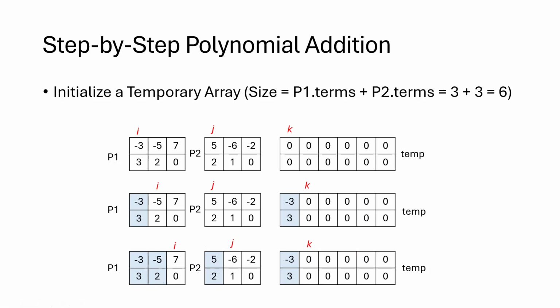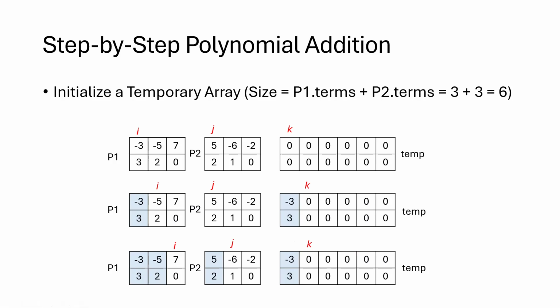So if the summation of the coefficients is 0, that means that term will not contribute to your resultant polynomial. That's why we will not store anything in the temporary storage. So k will remain in the same place, but we will increase the value of I and j, because we have already processed this term, but its contribution is 0.